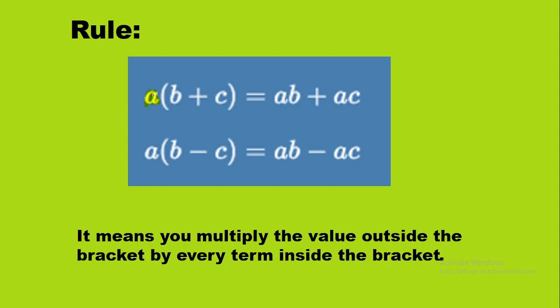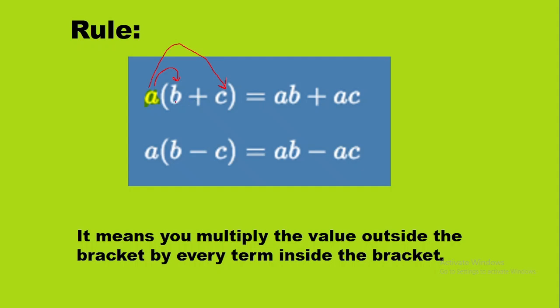Whatever term you have outside of the bracket, you distribute it by multiplying the term outside with each term inside the bracket. So A times B and A times C.